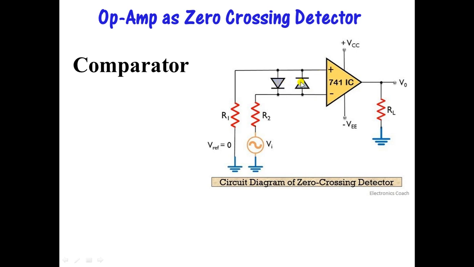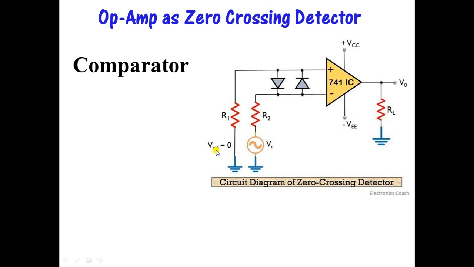There are two diodes connected here for current safety. Now to the inverting terminal, there is one resistor here for current safety, and there is one input signal given here as Vin. Vin is connected to the negative terminal. To the positive terminal, there is another input connected, which is called the reference voltage, given as Vref.